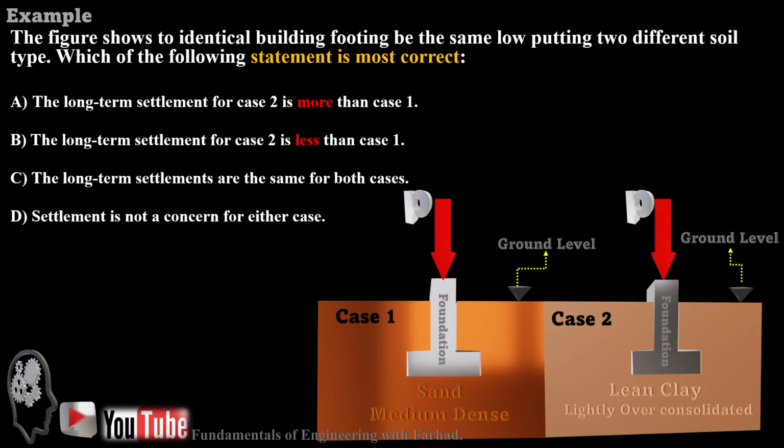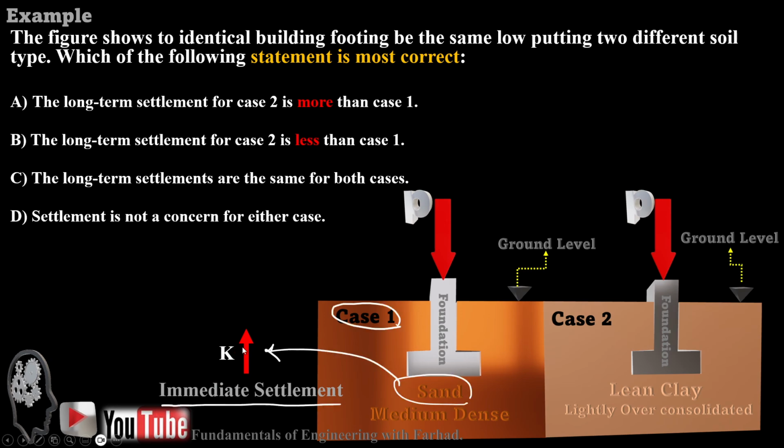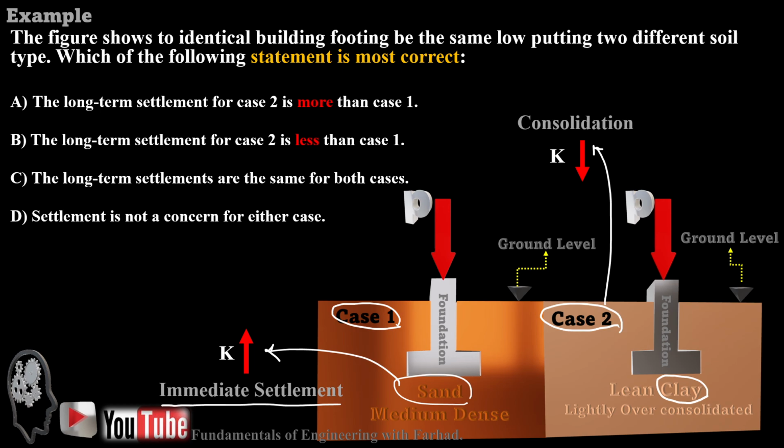So by the information provided, we can easily see that in sandy soil we have immediate settlement because hydraulic conductivity is high, so there is no such thing as consolidation settlement. But in clay soils, due to low hydraulic conductivity and low permeability, consolidation over time happens.